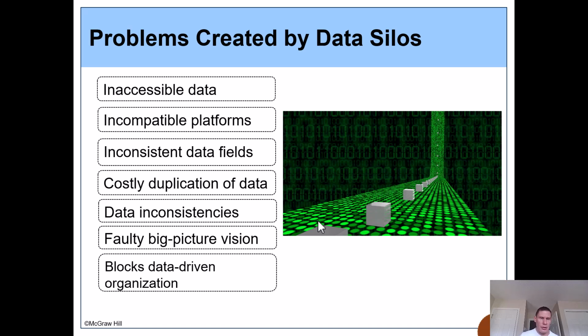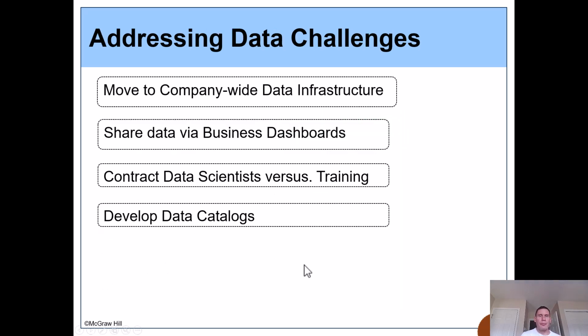Inconsistent data fields, costly duplication of data that could be expensive, data inconsistencies, and certainly a faulty big picture vision, right? Because if Department A is collecting this data and Segment B is collecting that, they're both part of the same company, but they may have different ideas about where the company is going.